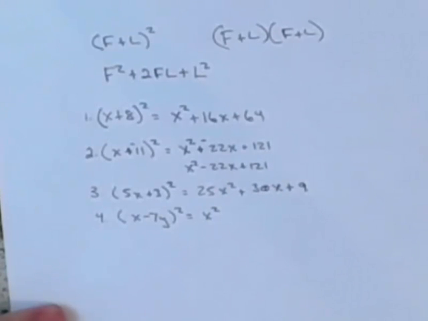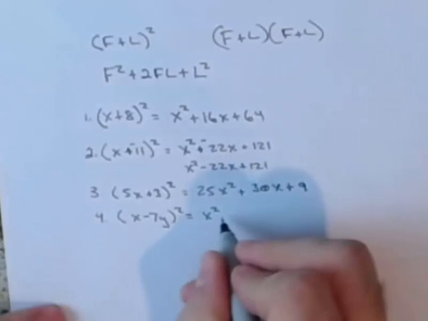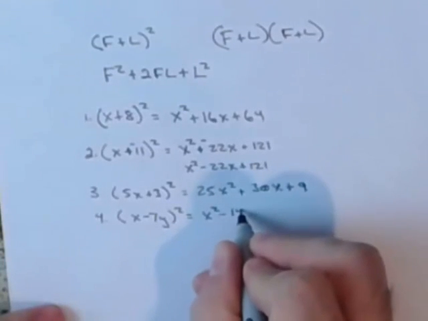And then we have plus 2 times first times last. Now, 2 times first would be 2x times last is negative 7y. 2 times first times last is going to give us negative 14xy.